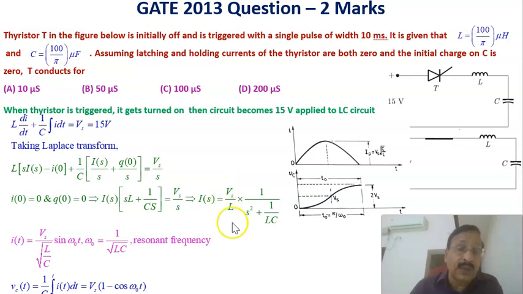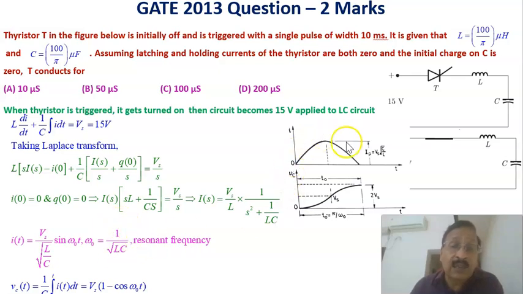From this we find the inverse Laplace transform, that is, the current in time domain, which equals Vs divided by root L by C, where root L by C is called the characteristic impedance, into sin omega naught t, where omega naught is called the resonant frequency, which is equal to 1 by root of LC.